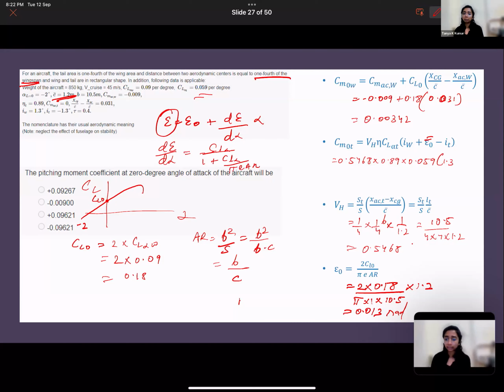Both these formulas give you the value in radians and per radians, and the values used are also in per radians. So these two formulas deal only with radians. So this epsilon naught of 0.013 that you've gotten is in radians, but we require degrees. Converted to degrees, how much is it? Please don't forget this, okay? These two formulae are completely in radians. Radian per radian, everything.